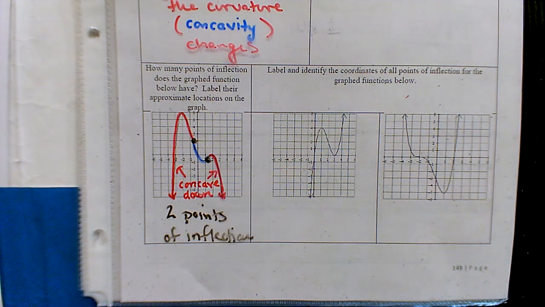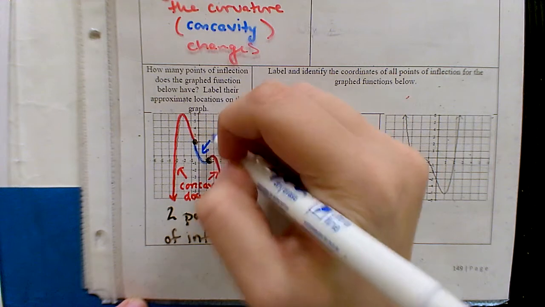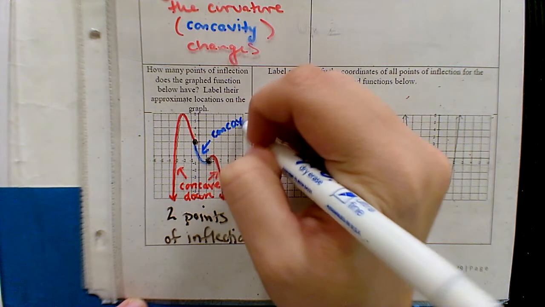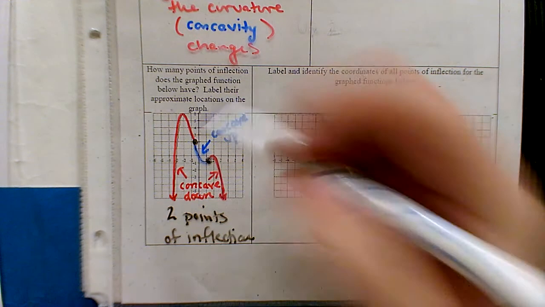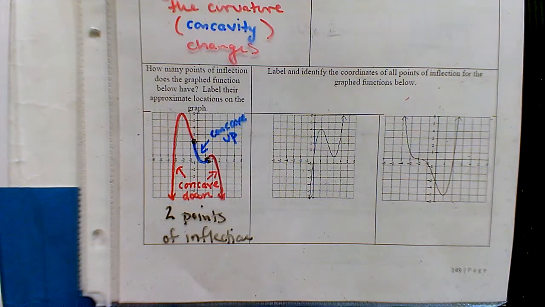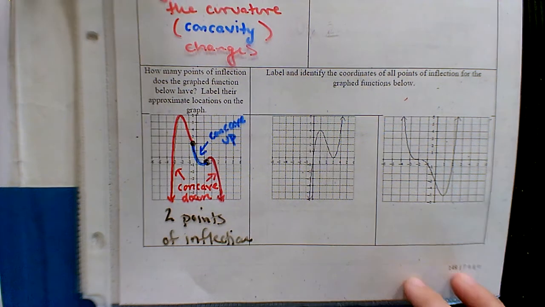But my blue section, if it looks like a regular U-shaped parabola, that's referred to as a concave up section, because both ends look like they're pointing kind of upwards. So we're eventually going to get to the point where we're going to identify concave down intervals, concave up intervals. We're describing the curvature of the graph, aka concavity.